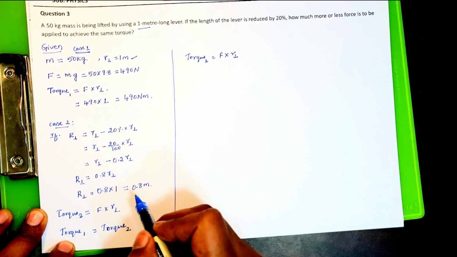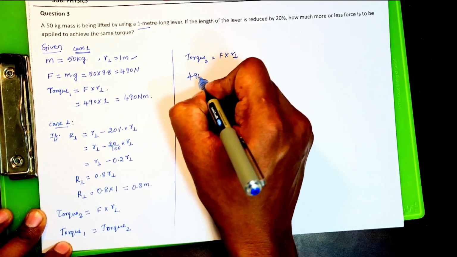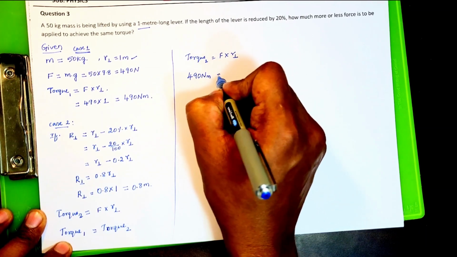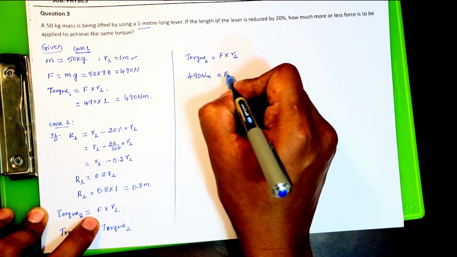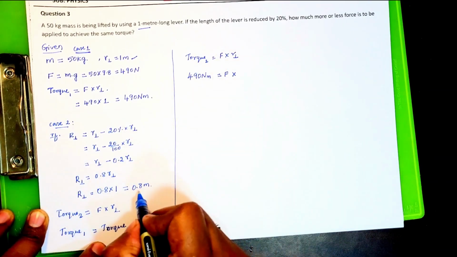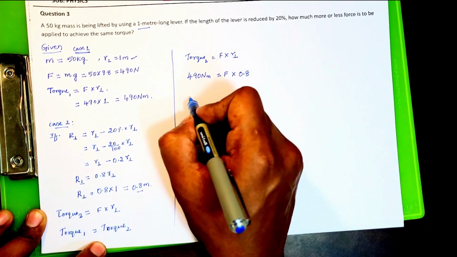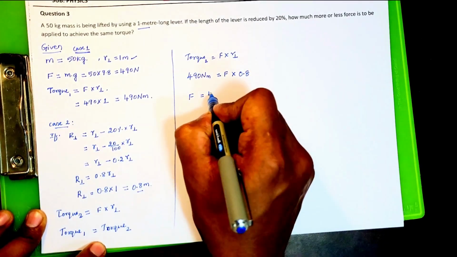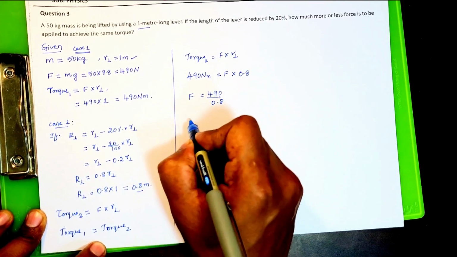So torque 1 is equals to 490 Newton meter. 490 Newton meter is equals to force, which we don't know and need to calculate, into the perpendicular distance we found, 0.8 meter. So force is equals to 490 divided by 0.8 meter.